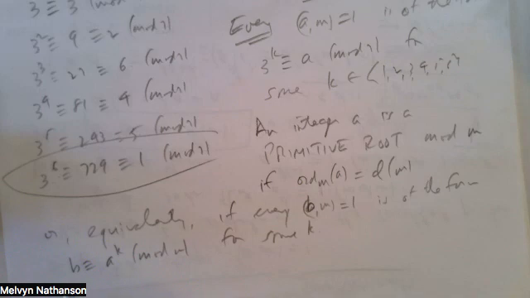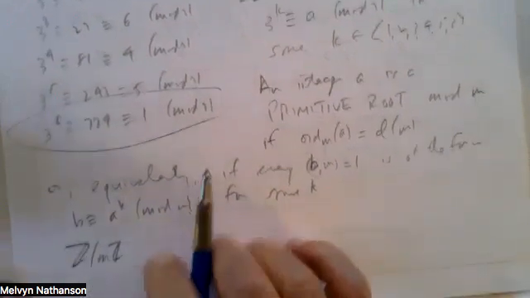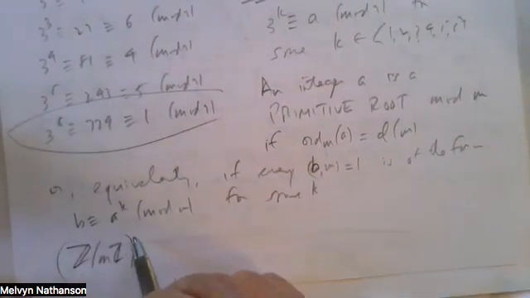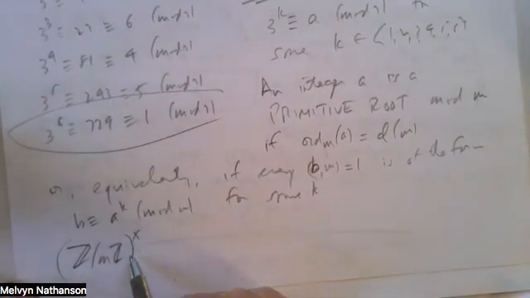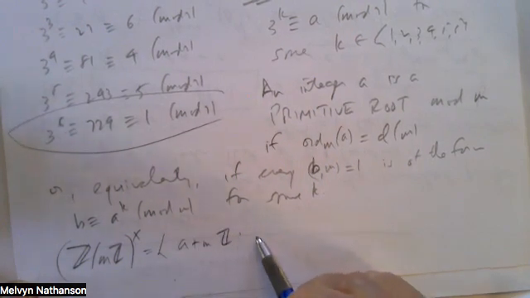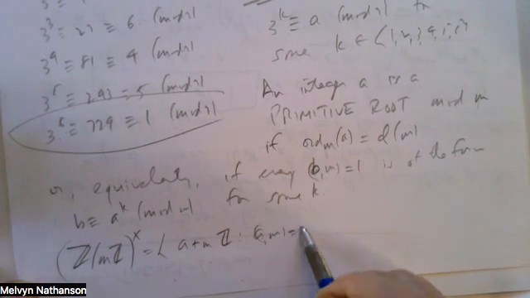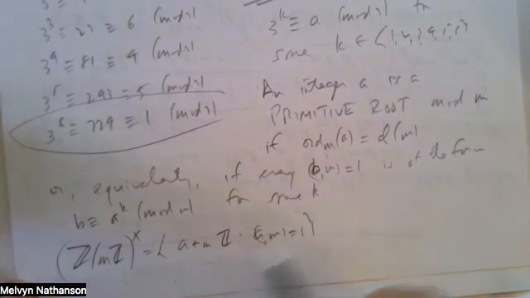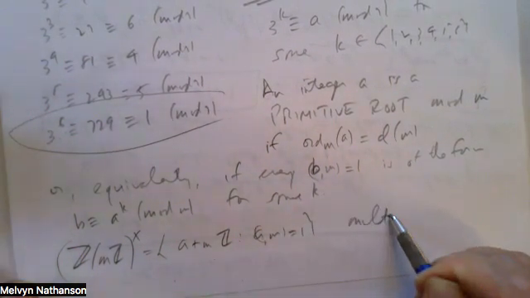Another way of saying this is, if you look at the congruence classes mod M, in that ring, this is the set of congruence classes A plus MZ, where A and M are relatively prime. So this is a multiplicative group.